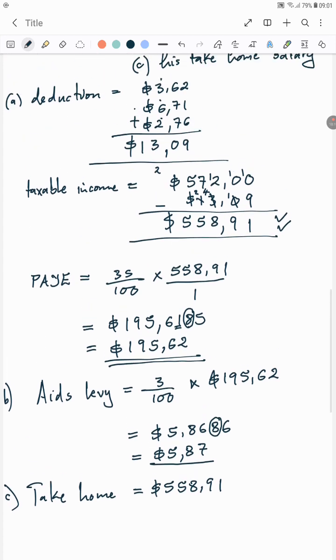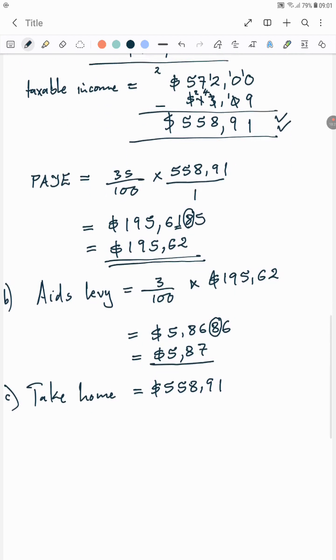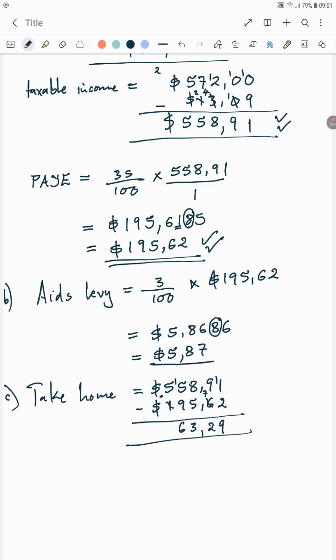This we got after we had already taken out the deductions. So now we are going to subtract our PAYE, which is 195.62. So here we're going to get 9, here you're going to get 2, and here you get 3, here you get 6, and here you get 3.